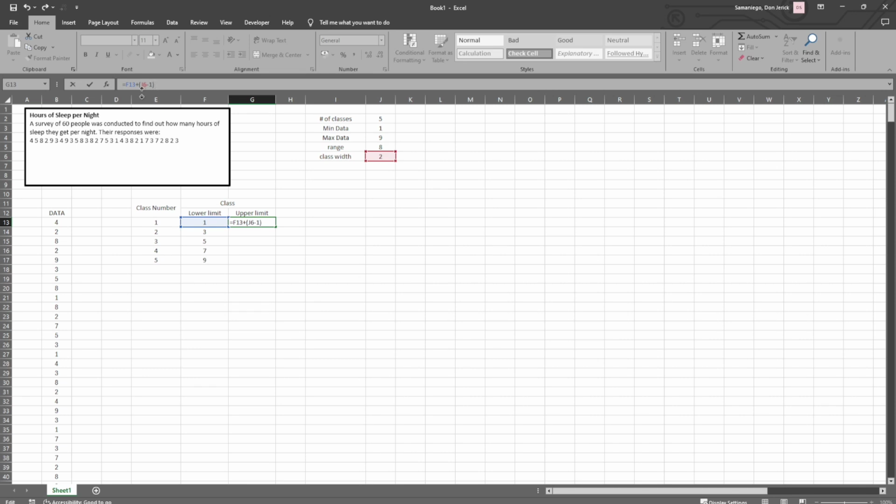Then don't forget F4 for the class width. The second row is equal to the first row plus the class width. Don't forget F4, then spread.